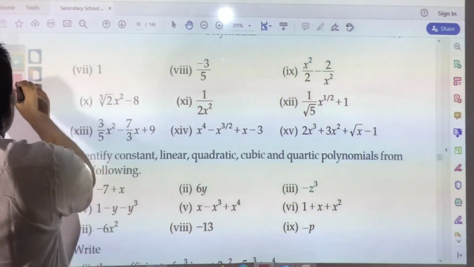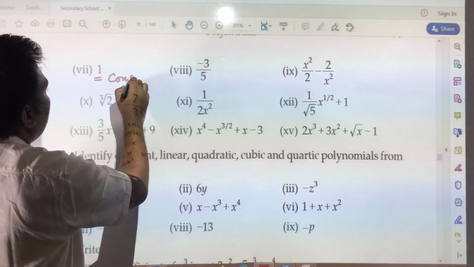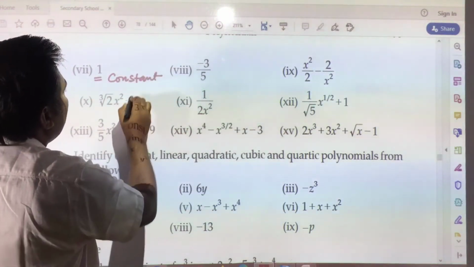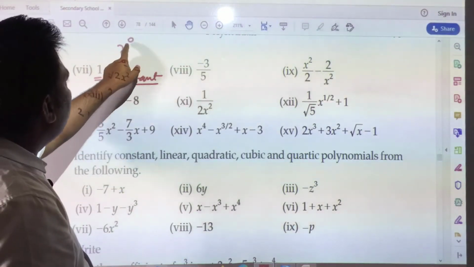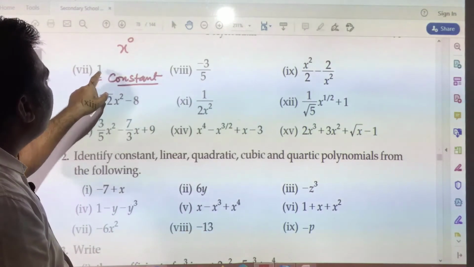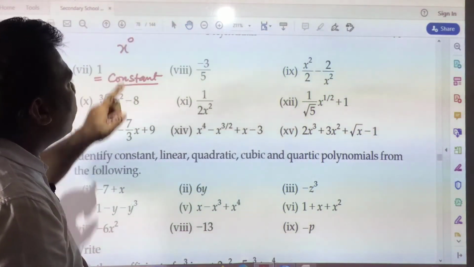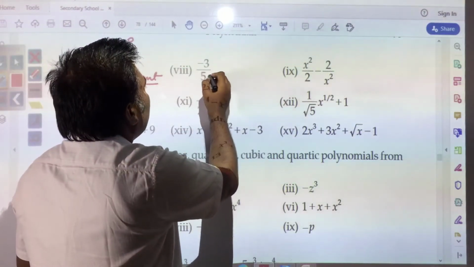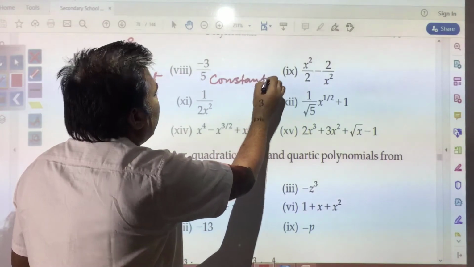Next you see, 1 is a polynomial and this is a constant polynomial. This is a constant polynomial of degree 0 because x to the power 0 is equal to 1. So, this is a polynomial, this is a constant polynomial and degree 0. Here again the same thing, this is a constant polynomial having degree 0.